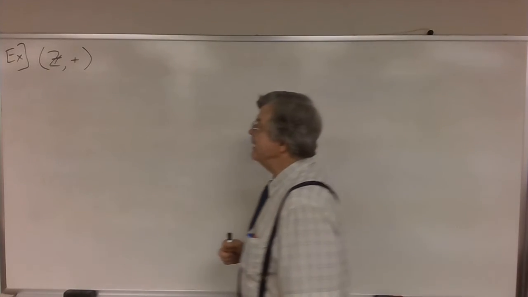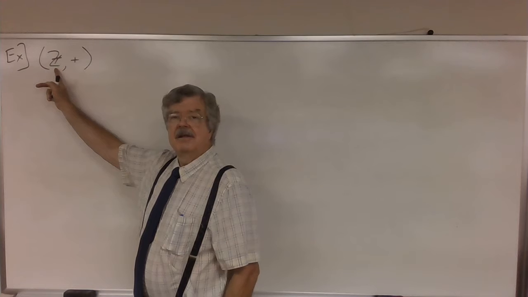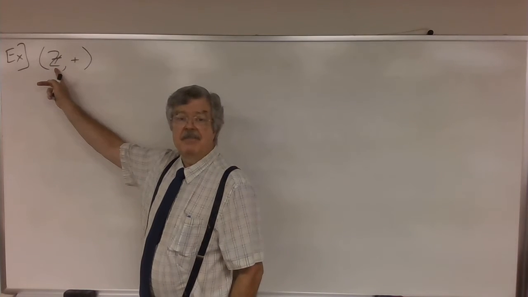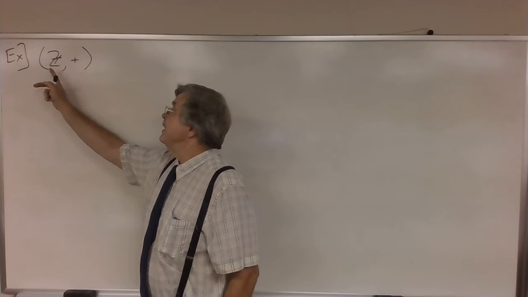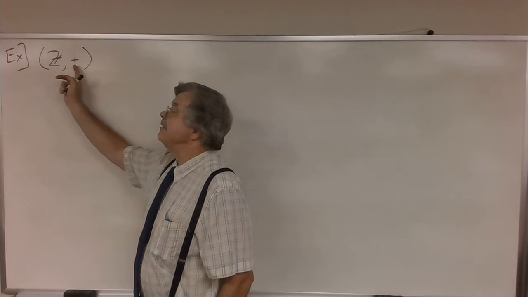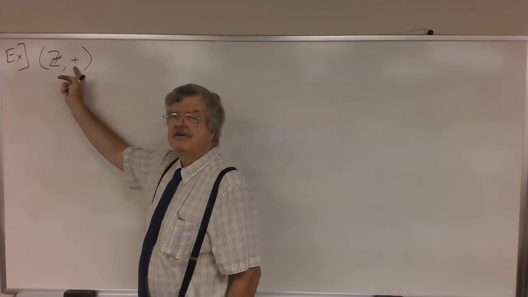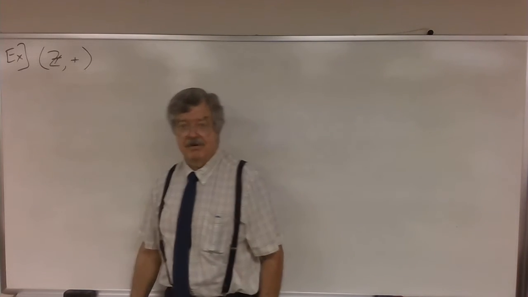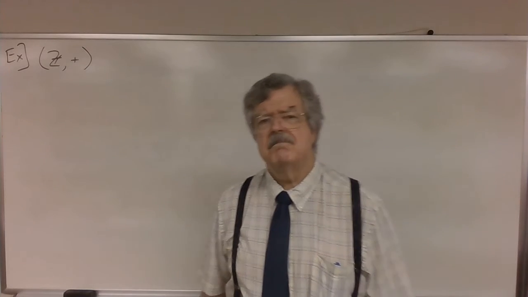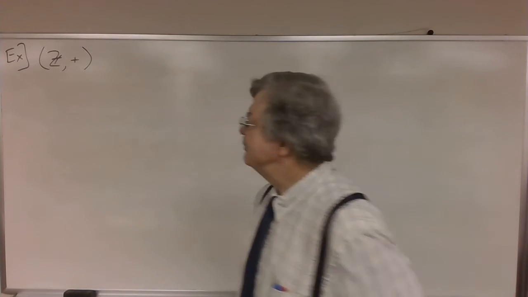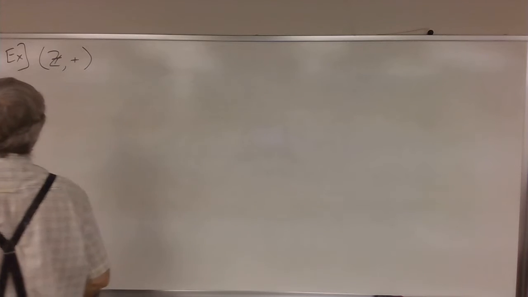Our first example. This boldface Z represents the set of integers, and the set of integers under the binary operation of addition is a group. Let's convince ourselves of this.